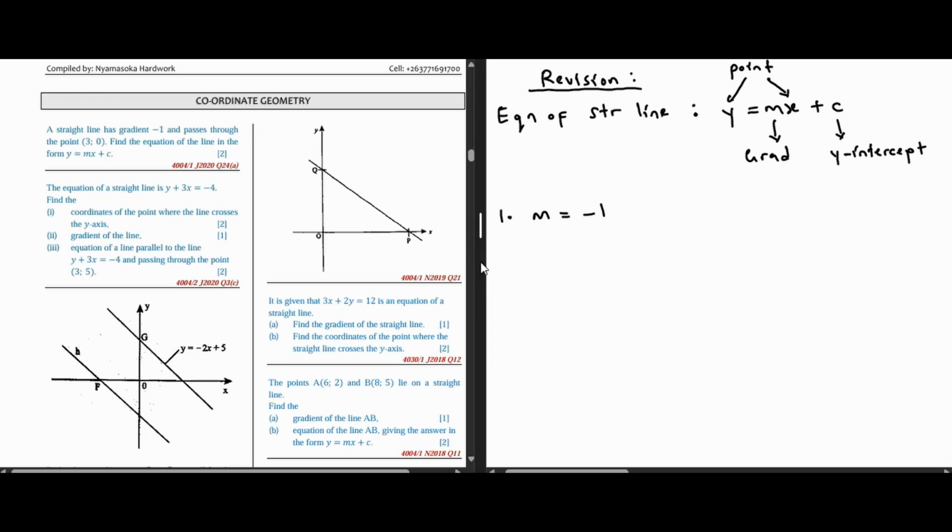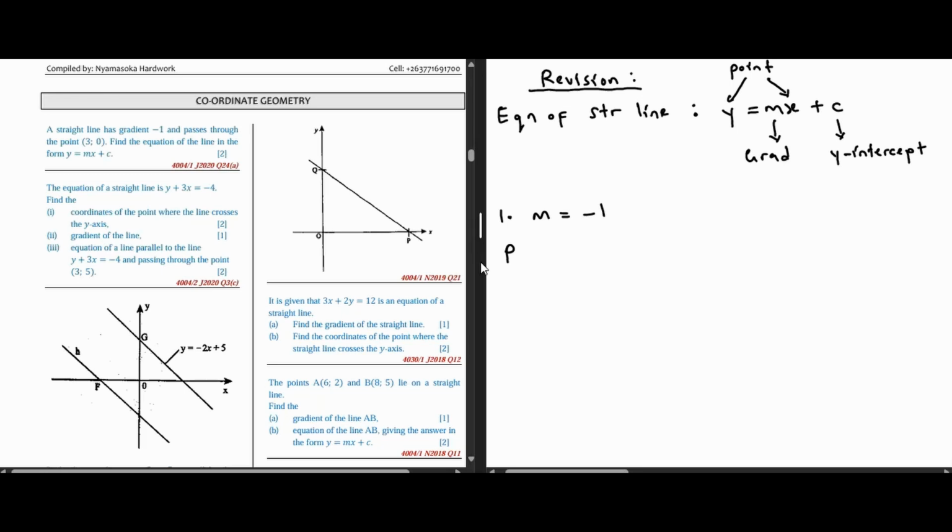This comes from the presupposition that you know m represents the gradient. So m is -1. Then it says it passes through the point (3, 0).